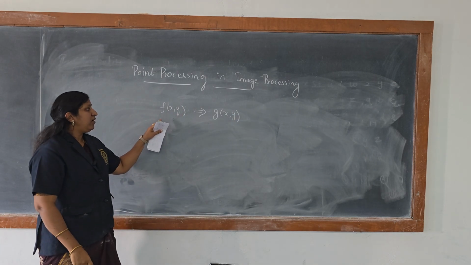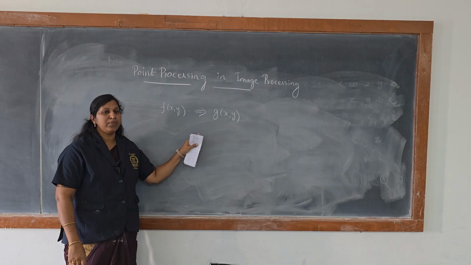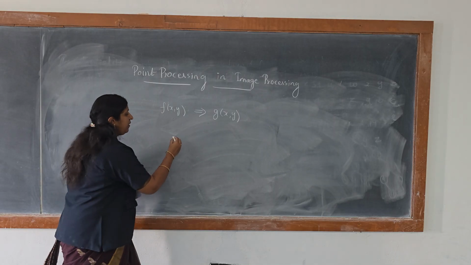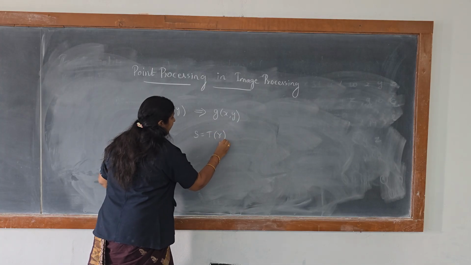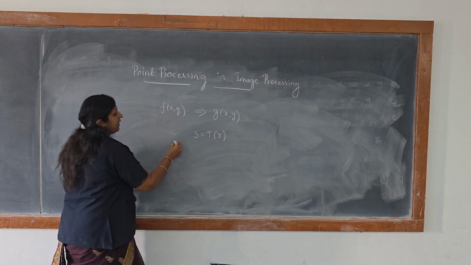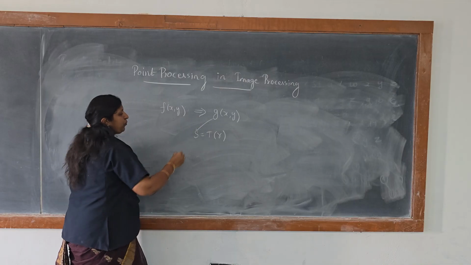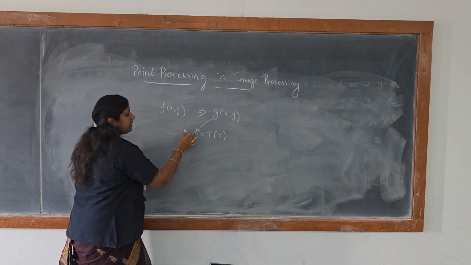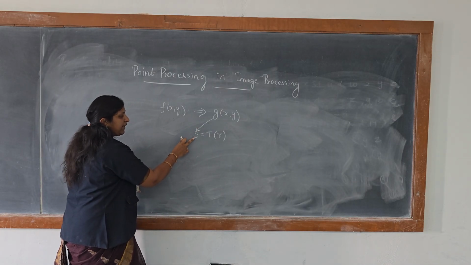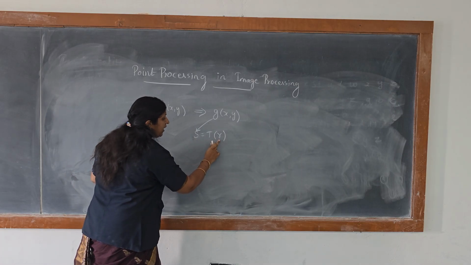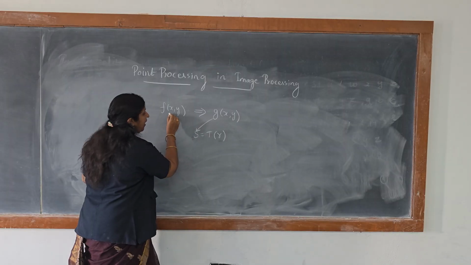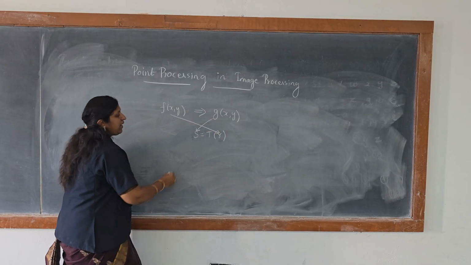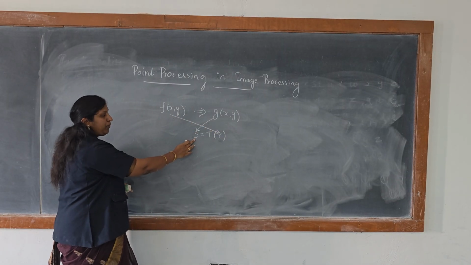This relationship can be represented using the formula S is equal to T of R. Here S means the output pixel value. This output pixel value we get only by modifying the input pixel R. So R is an input pixel value and S is an output pixel value.